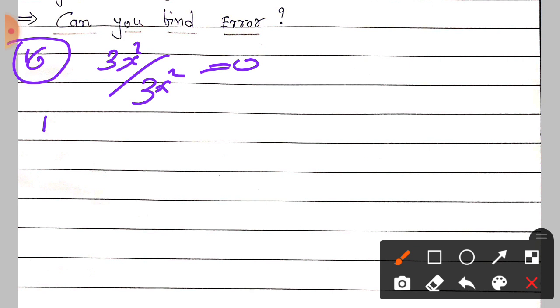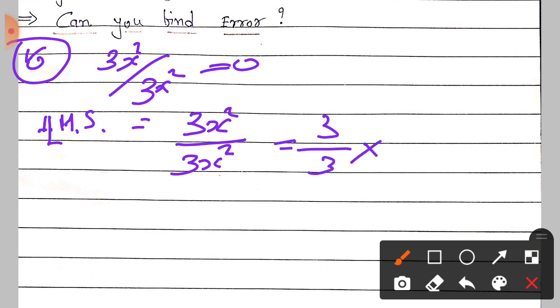Let's check it. Write the LHS: 3x square upon 3x square. Let's separate it as 3 upon 3 multiplied by x square upon x square. The 3s cancel, the answer is 1.